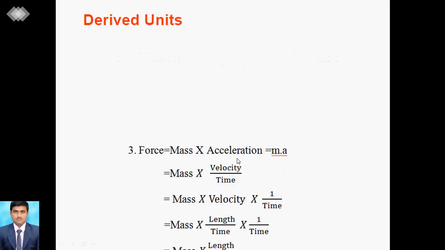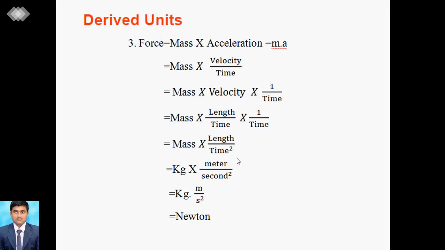Now we move to the third derived unit, which is force. As per Newton's second law of motion, force is equal to mass into acceleration, that is m into a. Mass we keep as it is, and acceleration is velocity upon time, so it is 1 upon time.